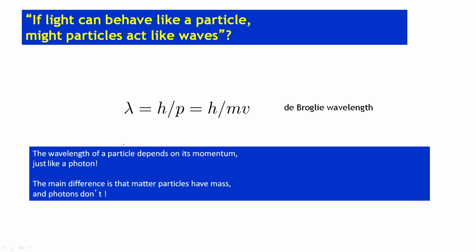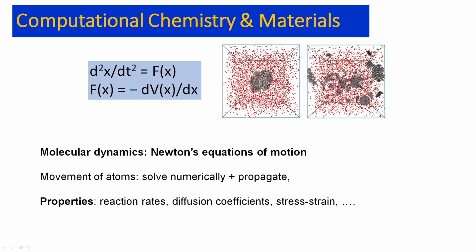We all know de Broglie's equation, right. We can convert the momentum in terms of wavelength very easily. The wavelength of a particle depends on its momentum, just like a photon. The main difference is that matter particles have mass and photons do not have mass. Well, that is about the electronic calculations using the Schrodinger equation.